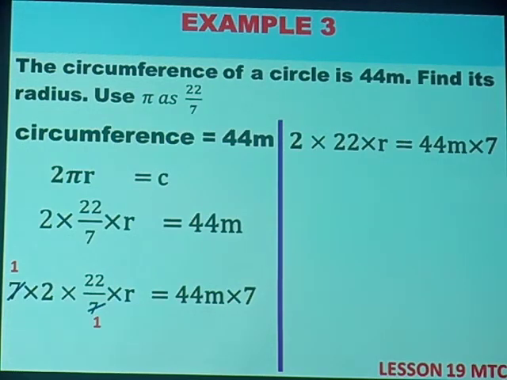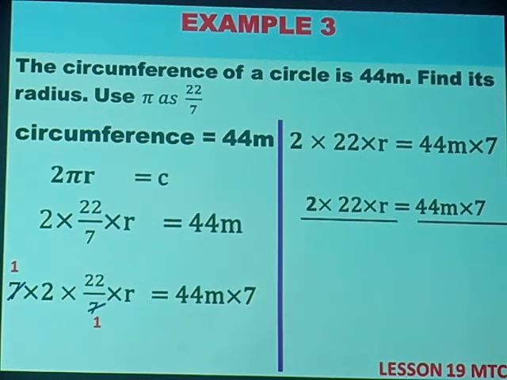So after writing that step, in our next step we shall divide on both sides. 22 times 2 times r, out of 2 times 22, this will equal to 44 meters times 7, but out of 2 times 22.